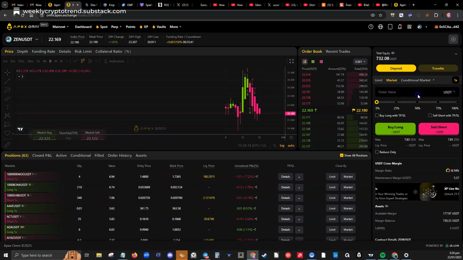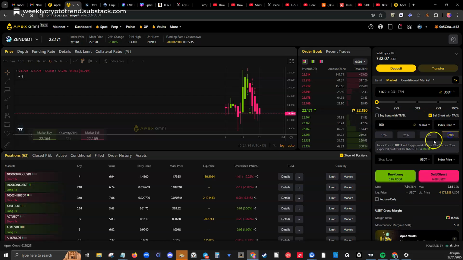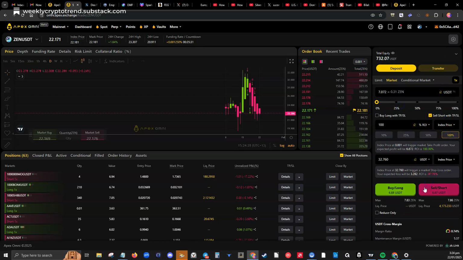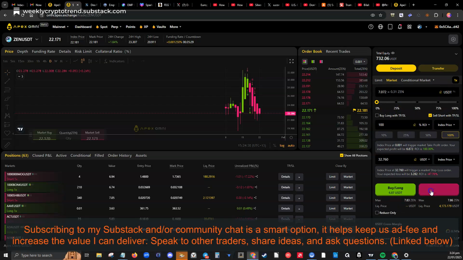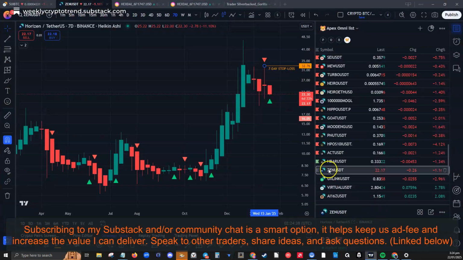So Zen, let's just go sell short. ROI 100. So the stop loss level I just grabbed, and go sell short. That's all done. Position size good. 1x leverage good. Happy with that. Zen, it's a short.